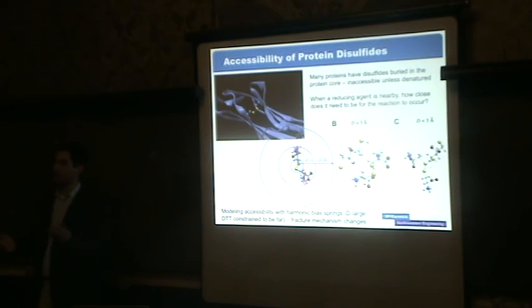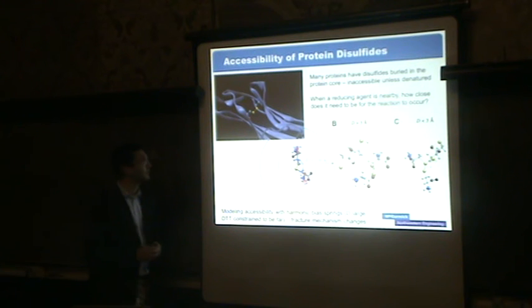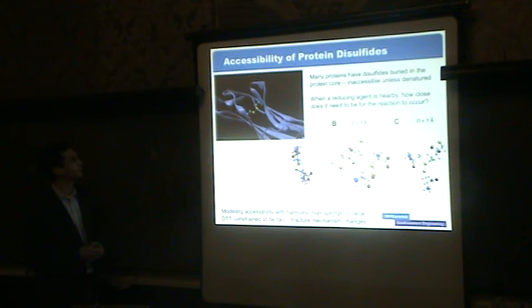So what happens if you don't want the bond to break? In that case, what we observe in biology is that the disulfide bond is buried in the core of the protein, so it's not accessible to solvent, or to the kind of agents that can break this chemical bond. This is very common in a lot of extracellular matrix proteins. The bonds are created such that they cannot be broken.